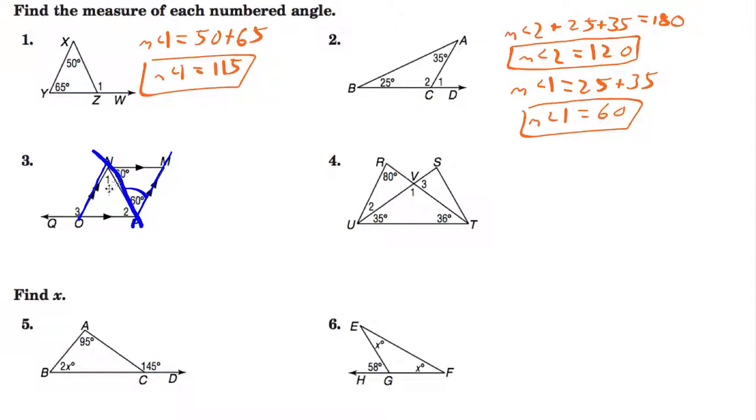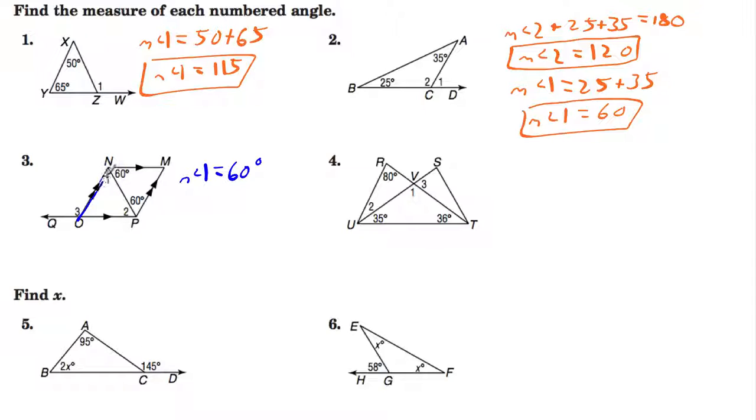If this is 60 degrees, measure of angle 1 is 60 degrees. And if that's 60 degrees, so yeah, measure of angle 1 is 60 degrees.